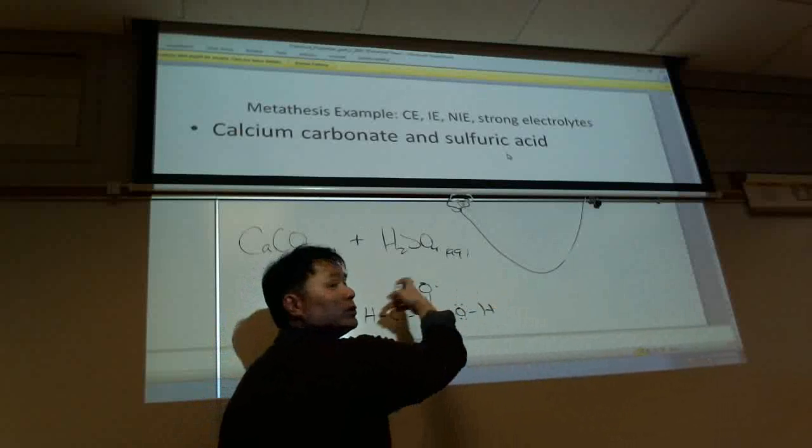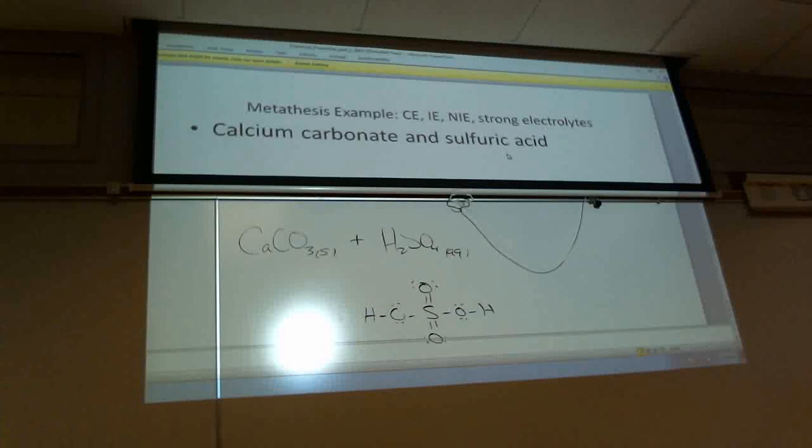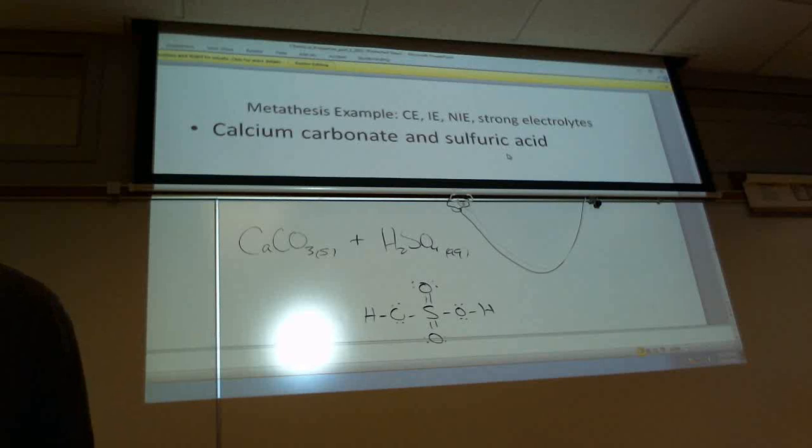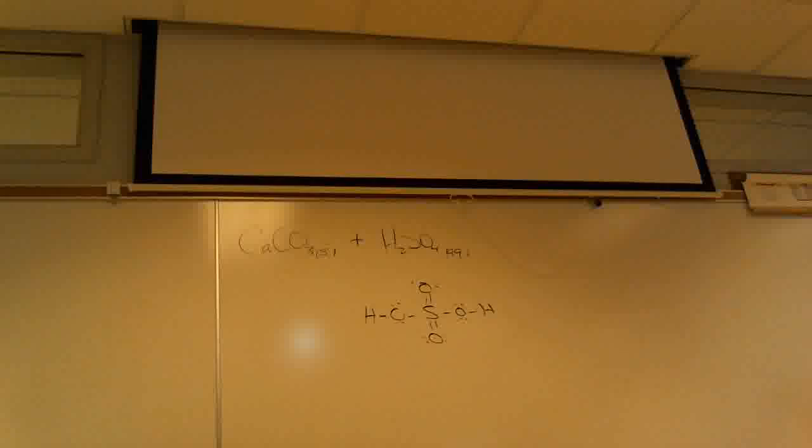This is the way I've always drawn sulfuric acid: 2 double bonds, 2 single bonds, expanded octet. But with the latest data, things change, and things are always changing. Does that mean the theory's bad? No, it's just, we're getting better and better computers, which can do more and more accurate calculations.